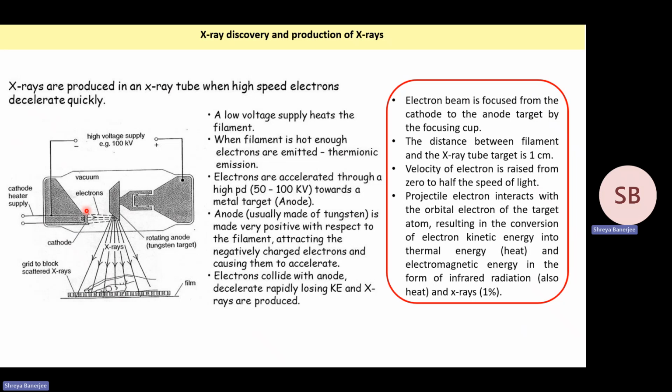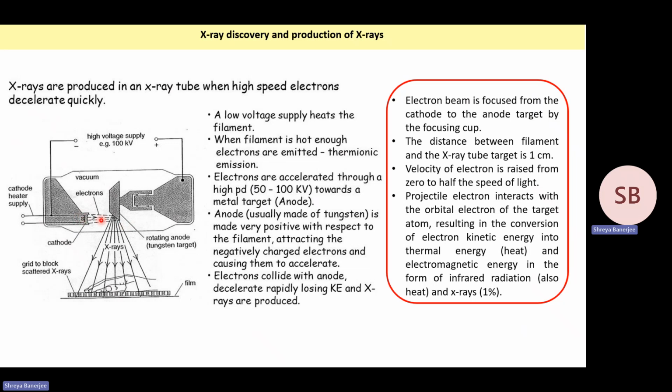Often there are certain apparatus on either side of this beam, which cause the beam to be focused instead of spreading out. It's called the focusing cup. The distance between the filament and the X-ray tube target is around 1 centimeter, and in this short 1 centimeter distance, the potential difference is 50 to 100 kilovolts.